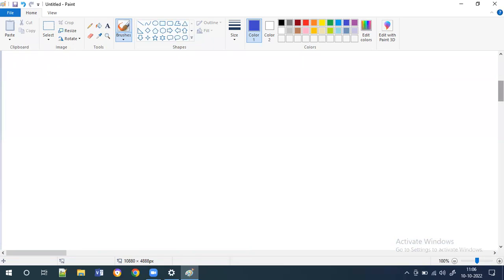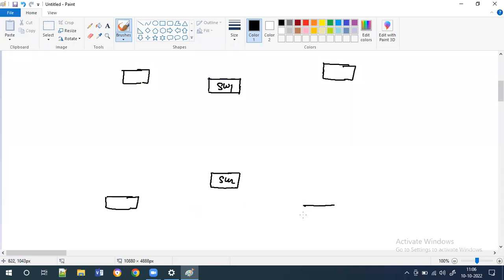Let's suppose this is a switch. Switch 1, switch 2, and I have some more switches here. And some PCs are connected here.